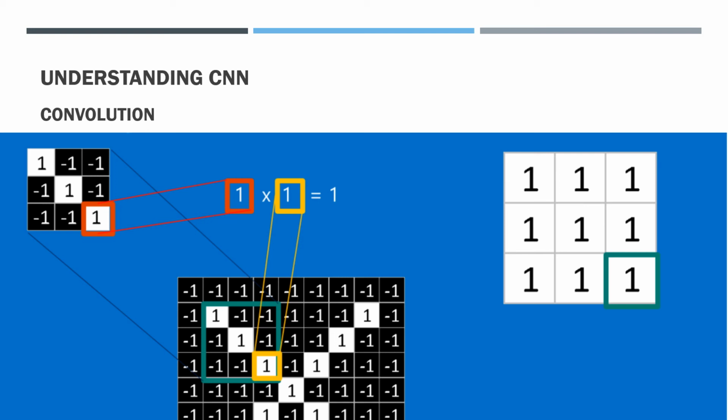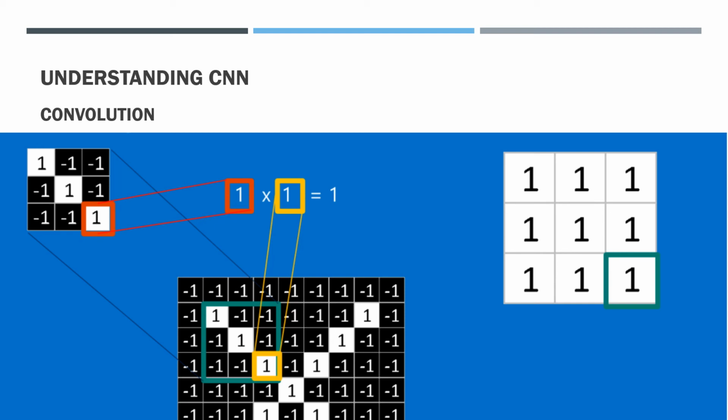So let's say it's put on this green highlighted box, and each element is multiplied with its overlapping element. If we multiply this 3 by 3 patch with the green highlighted 3 by 3 patch in this picture, the end result is all ones. So it's a 3 by 3 matrix of all ones.